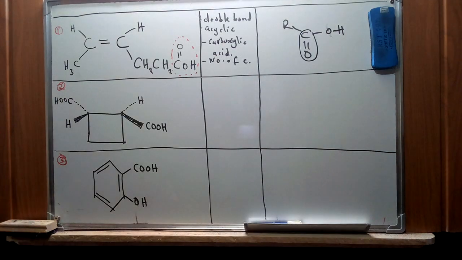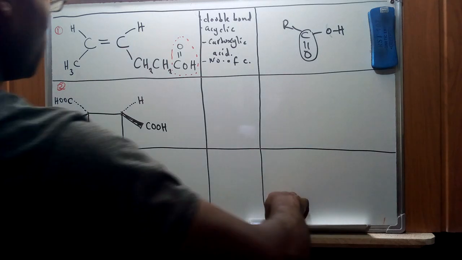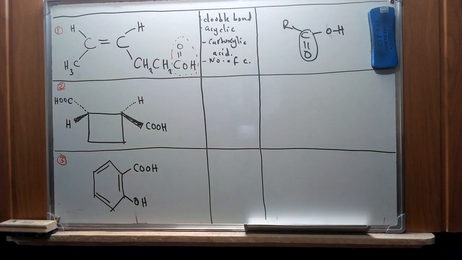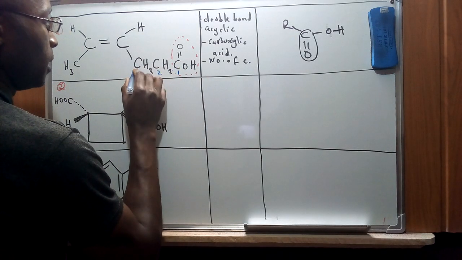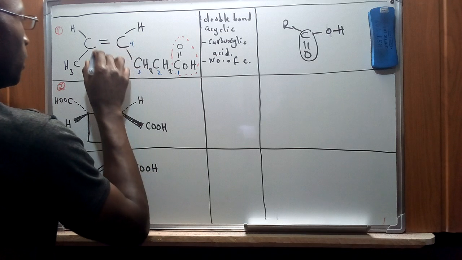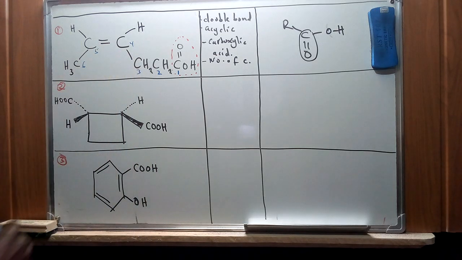For assigning the name or identifying that compound, the numbering starts at the carbonyl carbon, and from there we proceed to give the numbering for this chain of aliphatic compound. So this is carbon number 1, 2, 3, 4, 5, 6.